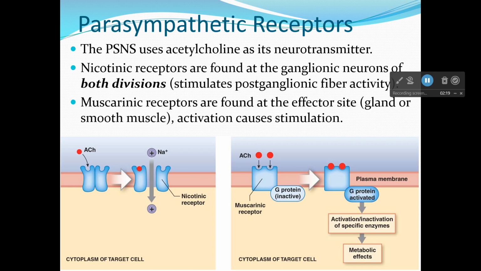Okay, so the nicotinic receptors, highlight this middle part, okay? The nicotinic receptors are found at the ganglionic neurons of both divisions. So both sympathetic and parasympathetic divisions have acetylcholine nicotinic receptors in the ganglia.